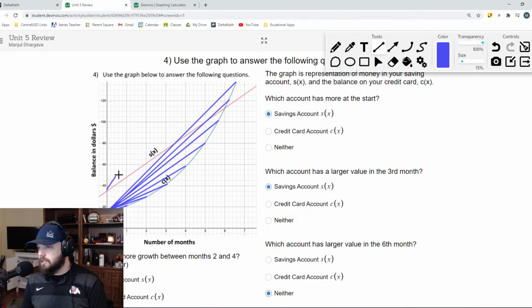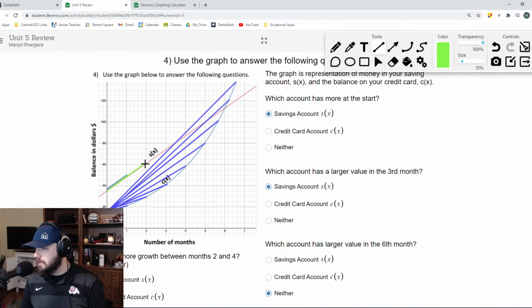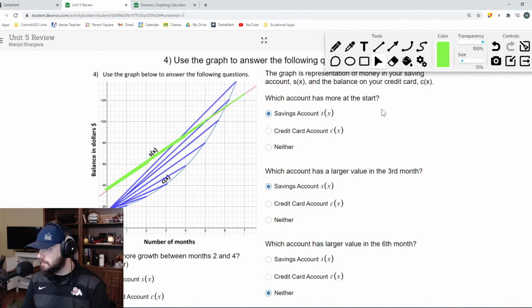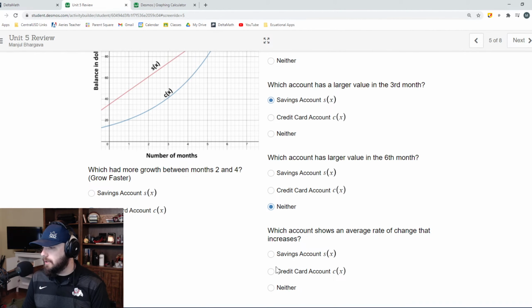But my rate of change for this one, let's do this in a different color, like this awful green color, is going to be the same line. It doesn't change. It should be landing right on top of each other, and the only variance is going to be user error. So the account that has an average rate of change that increases is going to be your credit card account.